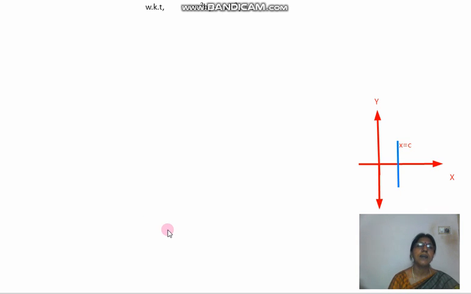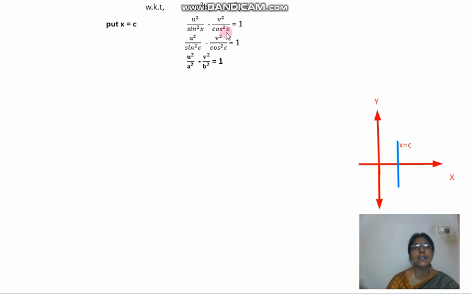Okay, we know that cosh² y − sinh² y = 1. This is the fundamental formula. See here, cosh y, already you noted, is u by sin x. So cosh² y means u²/sin² x, and sinh y is v by cos x, squared, so v²/cos² x is equal to 1.